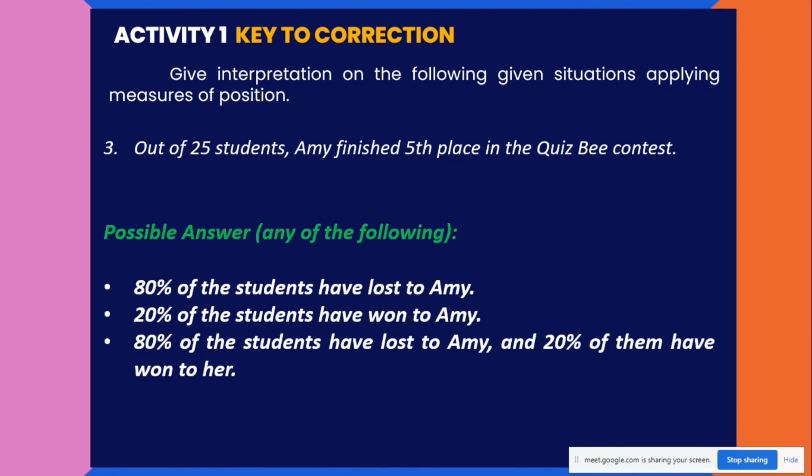So, dito, paano kinuha yung 80%? At paano kinuha yung 20%? So, dito, para makuha kung ilang percent si Ami, all we need to do is, we divide 5 divided by 25 times 100. So, 5 divided by 25, that is 1/5, so 0.20 times 100, so 20%.